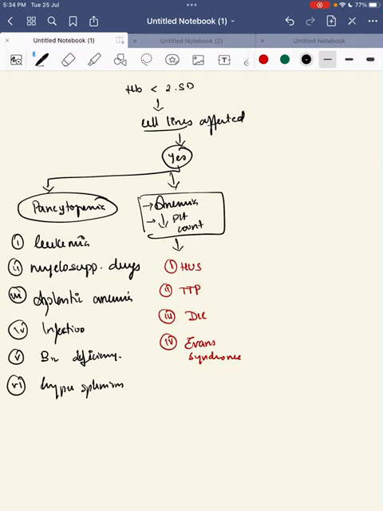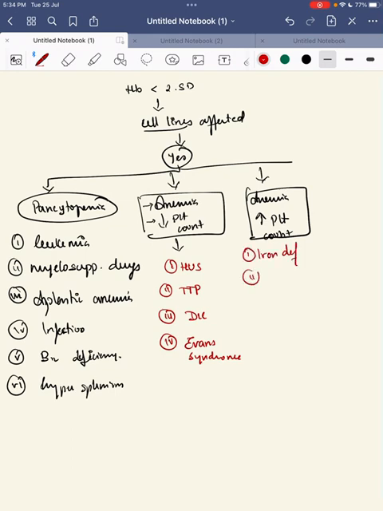Next, when the child has anemia with high platelet count, the reasons can be iron deficiency anemia, where there is a compensatory increase in the platelet count, or infection. Third, post-splenectomy anemia.